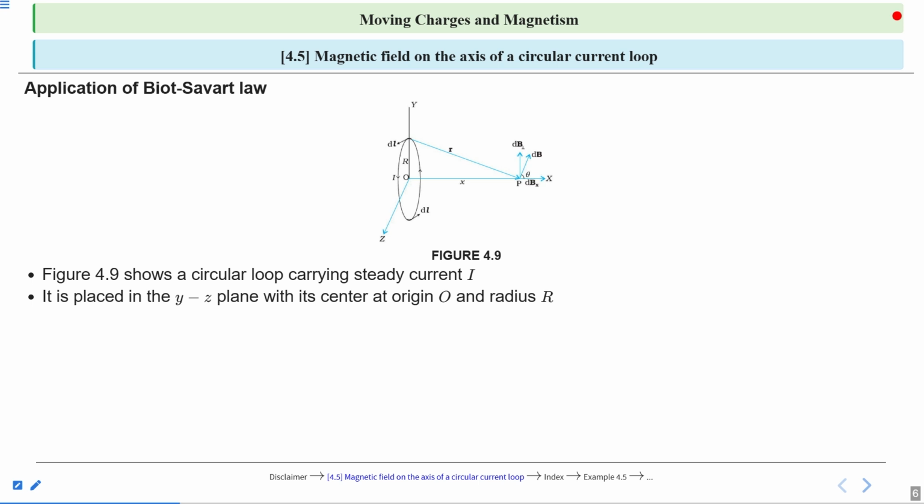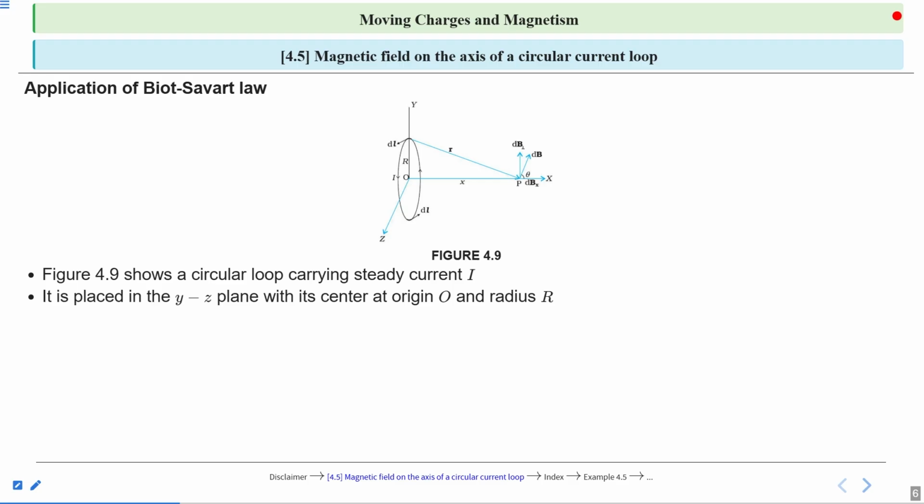Which is the YZ plane? Perpendicular to the plane of paper, the screen you are seeing. So this YZ plane is perpendicular to your screen, and the loop is placed like this, perpendicular to your screen.